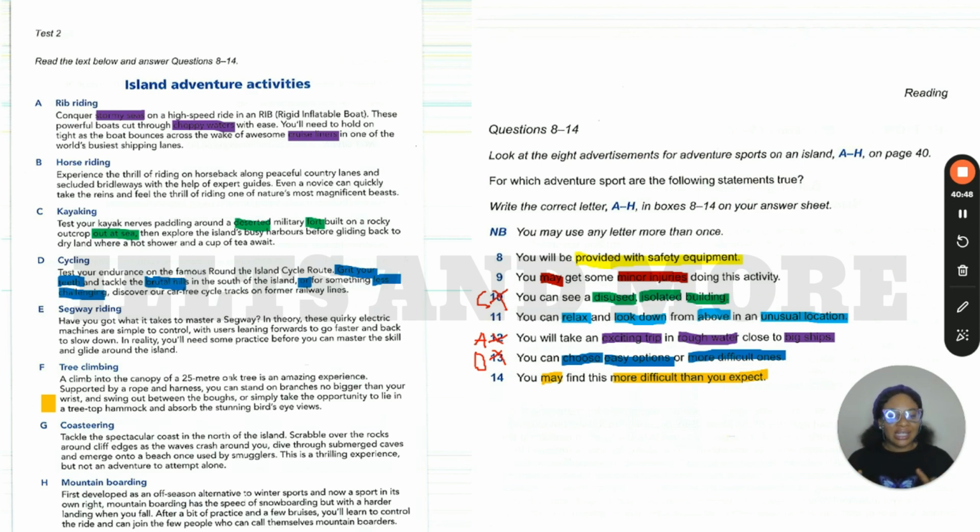Now, they say in theory, it sounds easy because all you have to do is lean forward for faster, lean backwards for slower. In reality though, you need some practice before you can master the skill and glide around the island. So they told us about two sides of it, in theory and in reality.